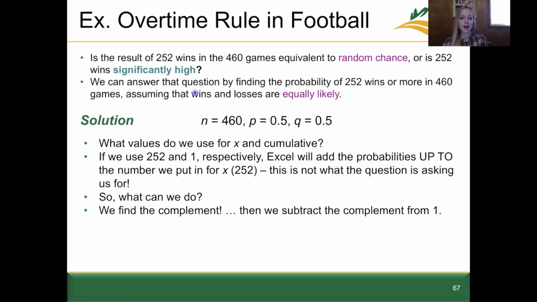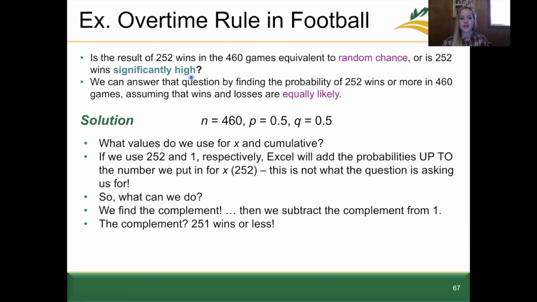That means that our complement is that we have 0 wins, 1 win, 2 wins, 3 wins, 4 wins, all the way up through not 252 wins, but up through 251 wins. So here's our complement. We get 251 wins or less.